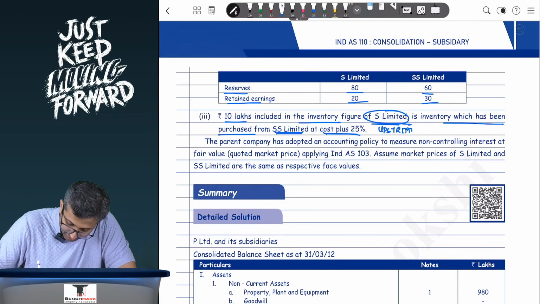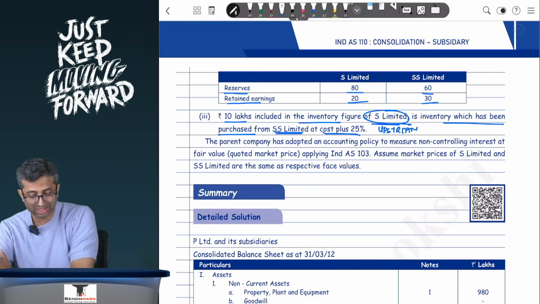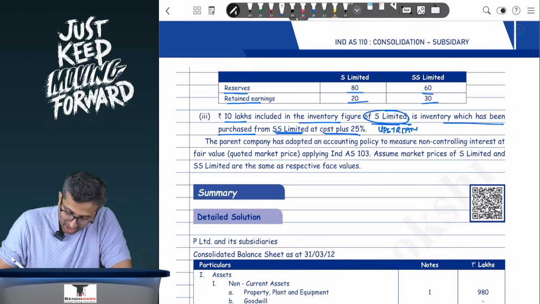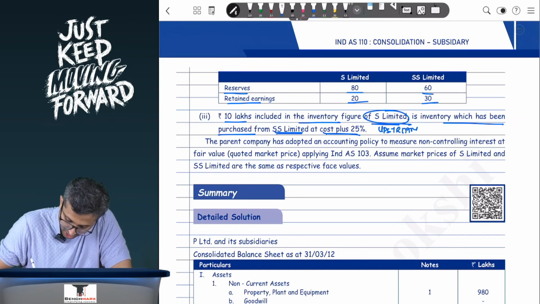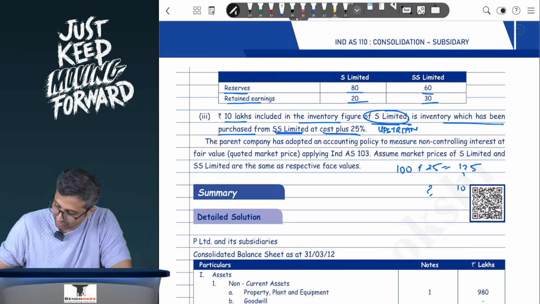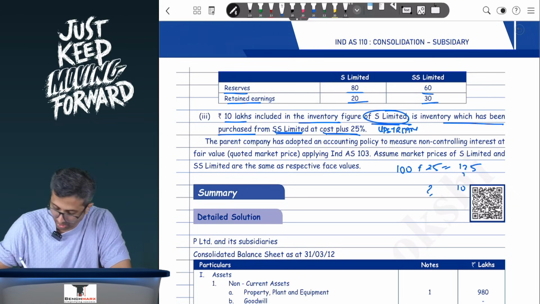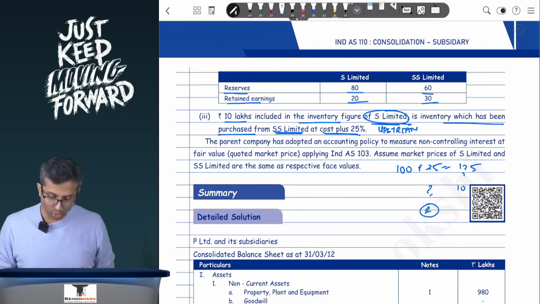Now I can say that this is included in the inventory figure of S. So this must be the selling price for SS but cost price for S. So the profit is 25% plus cost. If the cost was 100 plus 25 is equal to 125. If 125 is equal to 10 lakhs, then how much is 25? So 10 divided by 125 into 25 will probably come to 2 lakhs. So the unrealized upstream profit over here is 2 lakhs.